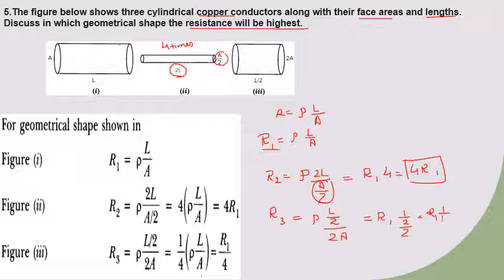It means the resistance of R3 is 1/4 of R1. So we can see that the highest resistance is given by figure 2. Here the resistance has become 1/4.